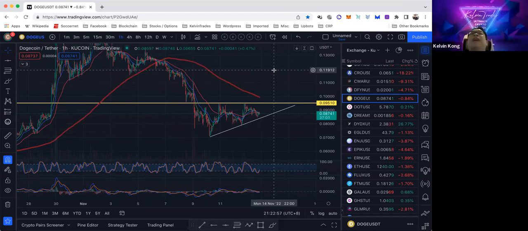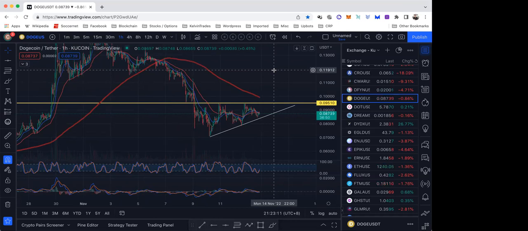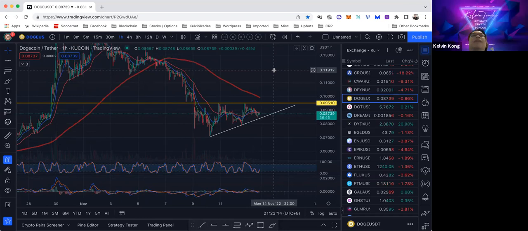Never mind. Anyone can help him? Anyone can help Samir? What is this pattern called? Boom, flag. Good try, it's not. Yeah, I mean, it looks like a flag.